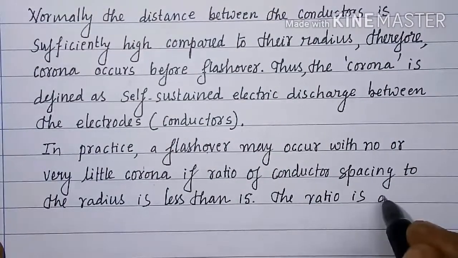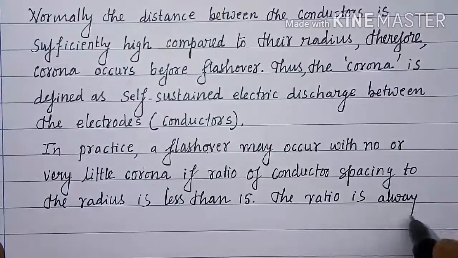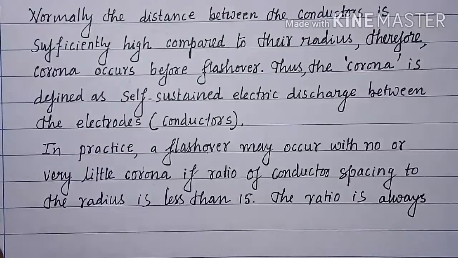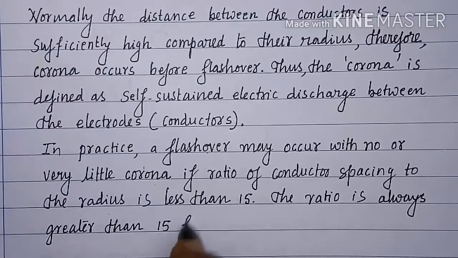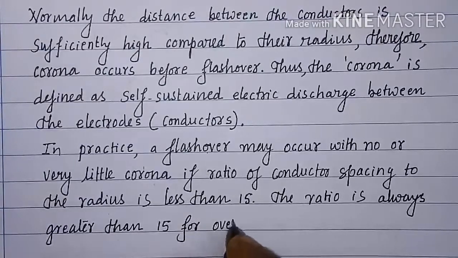The ratio is always greater than 15 for overhead lines.